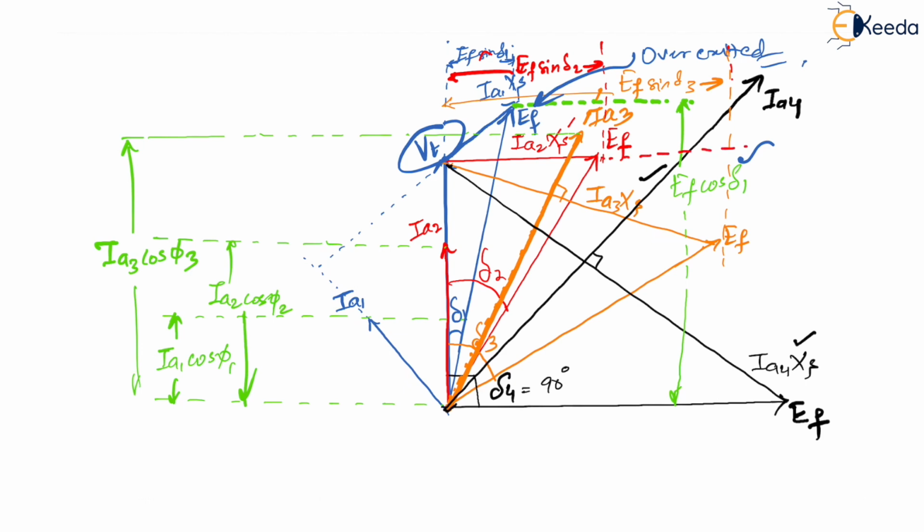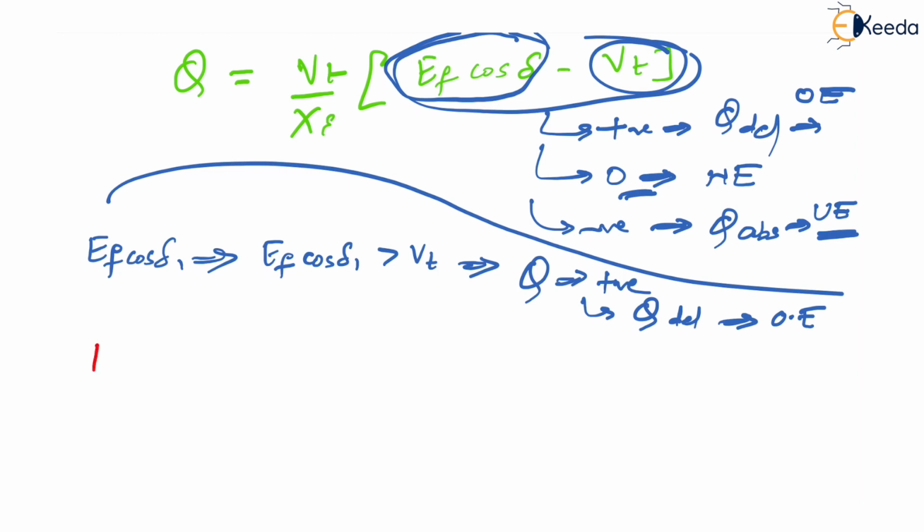The next is, if you see, this is EF. So this is EF cos of delta 2. Now if you see EF cos of delta 2 magnitude and Vt magnitude, they are the same. So EF cos of delta 2 is equal to Vt.